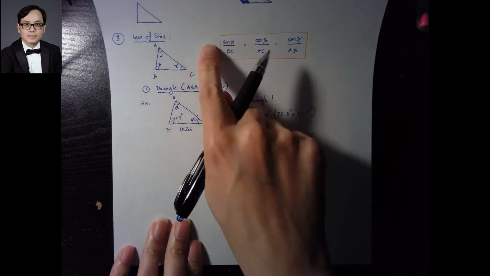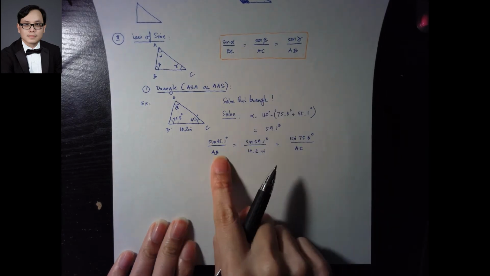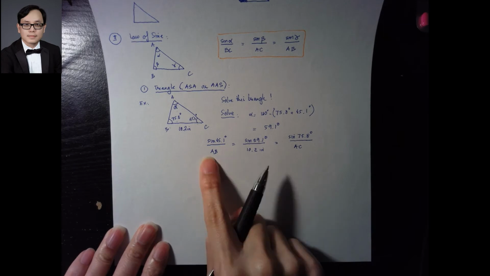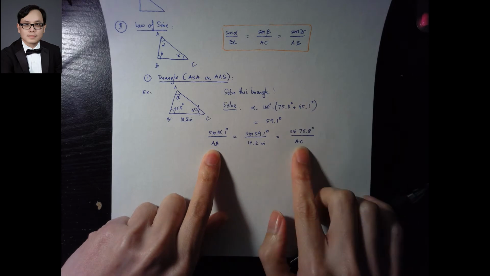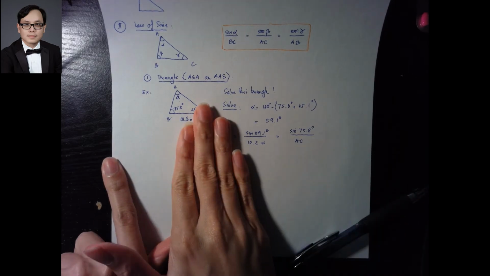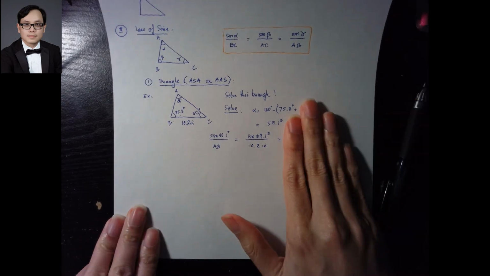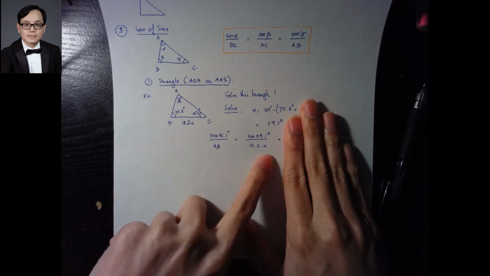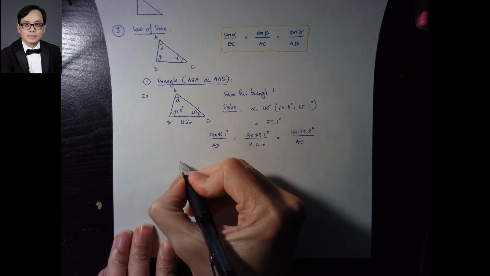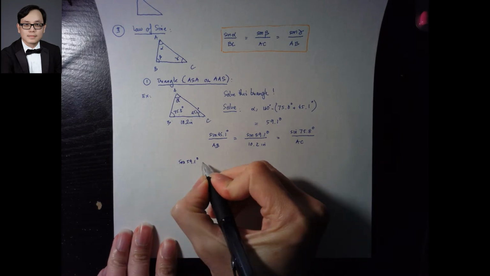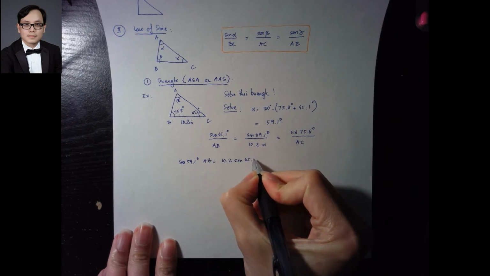After we plug all the angles into the law of sine formula, I can solve the proportion easily. To solve for AB, I cover this part, and this is a proportion, so I cross multiply. I will have sine of 59.1 degrees times AB equal to 10.2 times sine of 45.1 degrees.